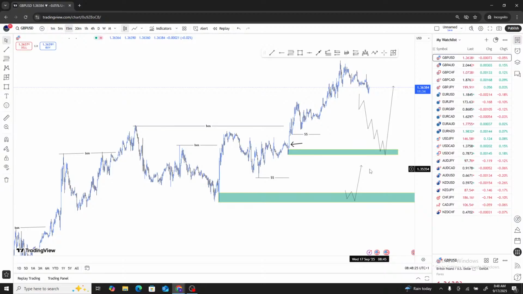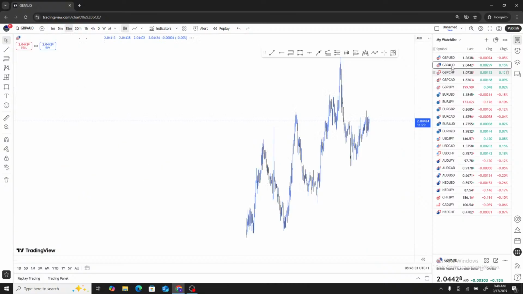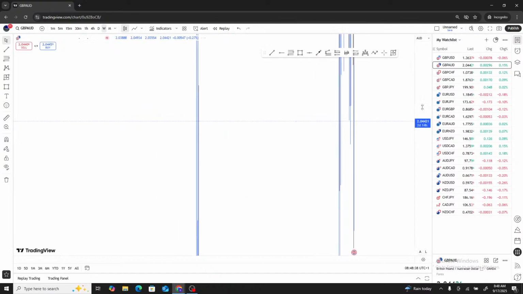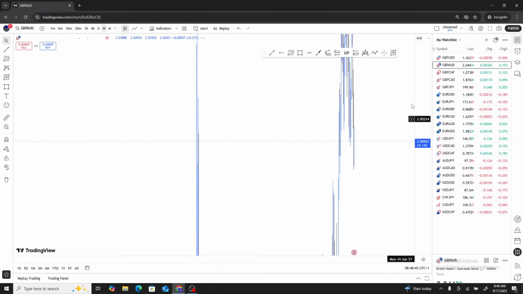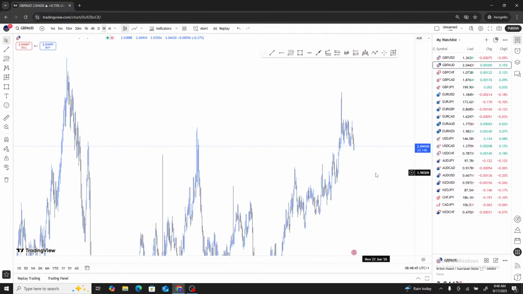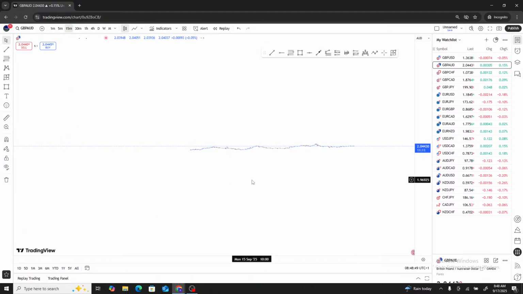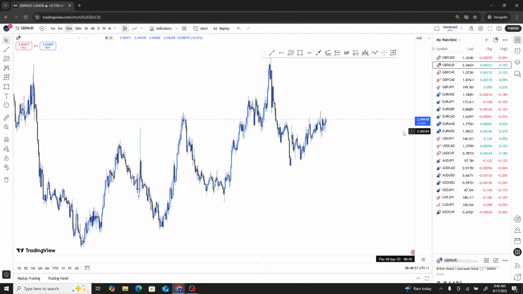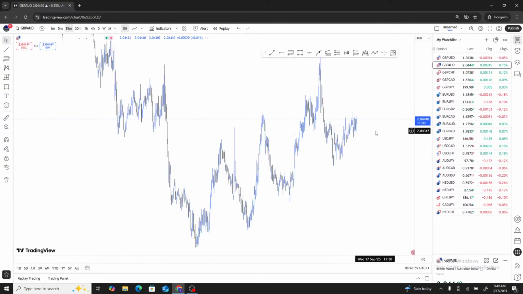And we can look at GBP AUD. Let me see GBP AUD, what it looks like. Yo, GBP AUD looks like something that is on a downtrend in the higher time frame. We can actually look at this from this level.